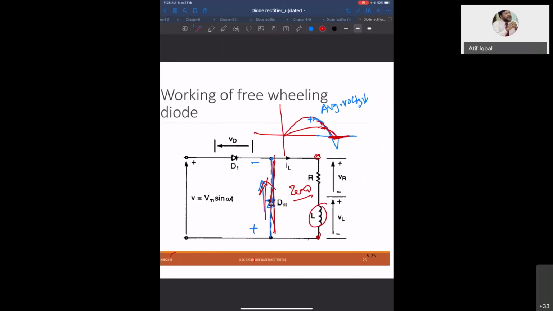And due to this period of conduction, the load voltage will have a negative part also. So negative part means what? This is negative and this is positive. The voltage will reverse. And due to this reversal, what will happen? The overall average voltage will reduce, because we have some part negative also.